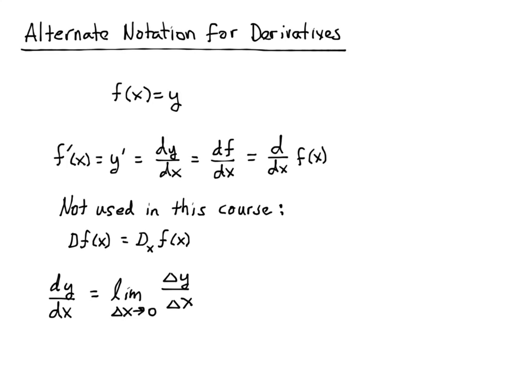So this one here is the slope of the secant line. This here is the slope of the tangent line. As you bring that difference to 0, you're going to get the secant line to coincide, or nearly coincide, with the tangent line. You're going to get it as close as you want.